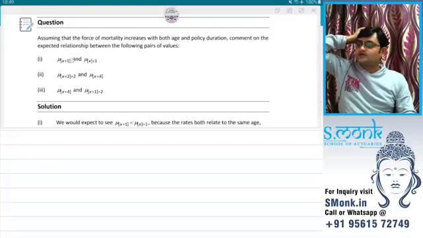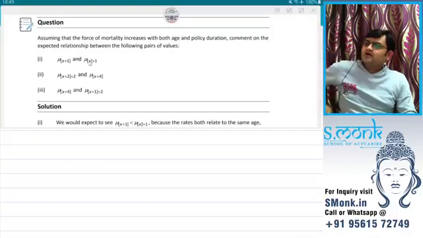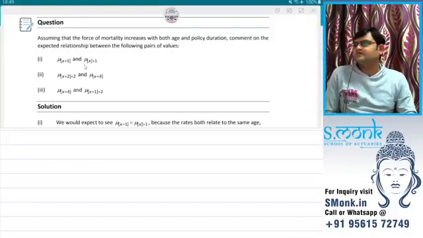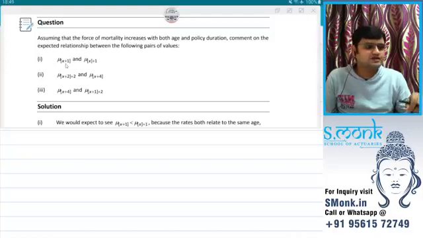Okay, sorry. See, they are related to the same age. This is also age x plus 1, so age factor does not matter here. Policy duration: you might say that this person took the policy today, that is why the person was selected today, whereas this person has taken the policy 1 year ago, right?